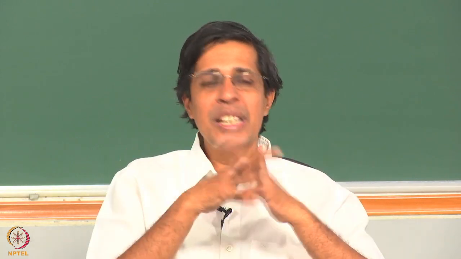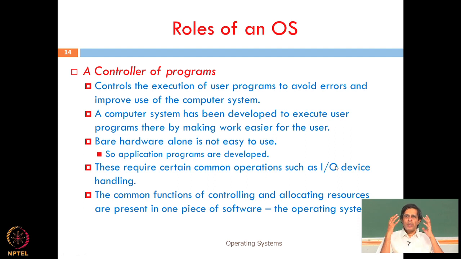So, such error reporting, catching errors, is also a very important role of an operating system. So, one of the important roles of the OS, in addition to allocation of resources, is also to control the execution of your program and also see that your program is correct in execution, and if there is something wrong, then it has to stop and it has to report an error.